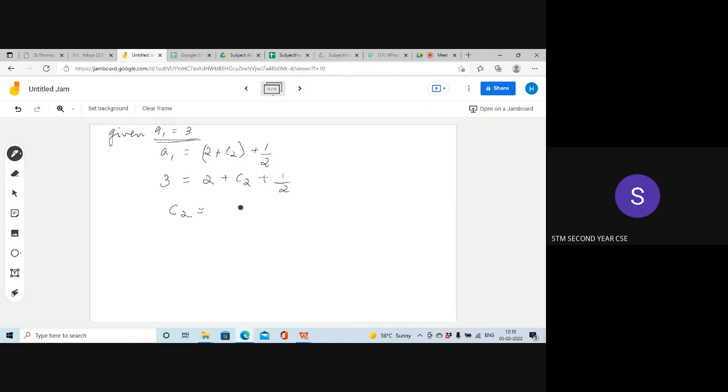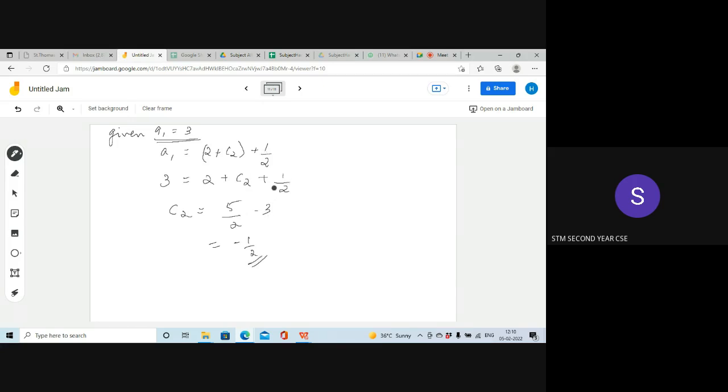Find out the value of c2. It is 5 by 2 minus 3. What will you get? Minus 1 by 2, that is, 5 minus 6 the whole by 2. You get minus 1 by 2.